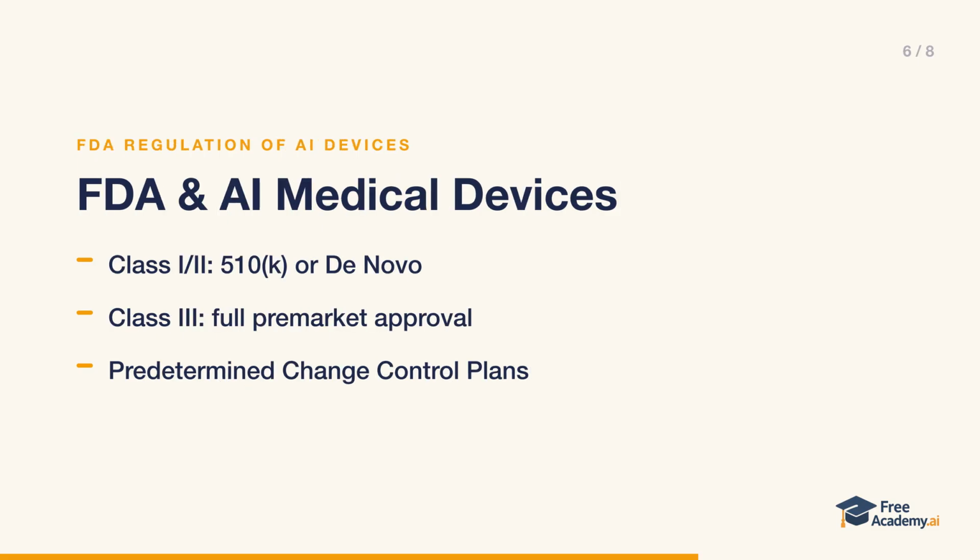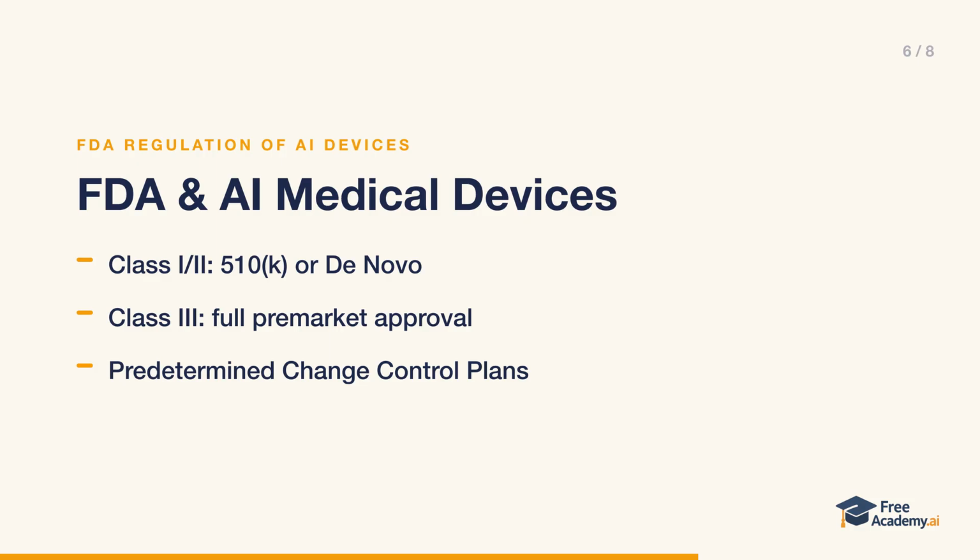The FDA regulates AI used in clinical decision-making as a medical device, and the pathway depends on risk. Most AI imaging tools and clinical decision support systems are Class 1 or Class 2 devices, requiring 510(k) clearance or de novo classification. Higher-risk AI systems fall into Class 3 and need full pre-market approval.